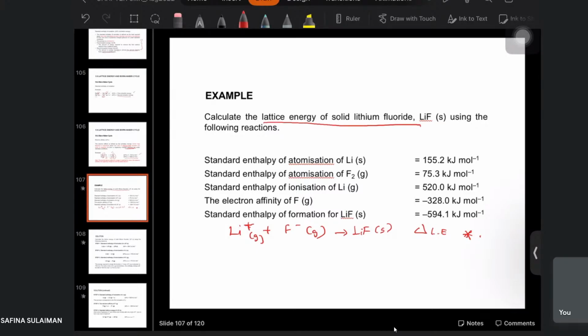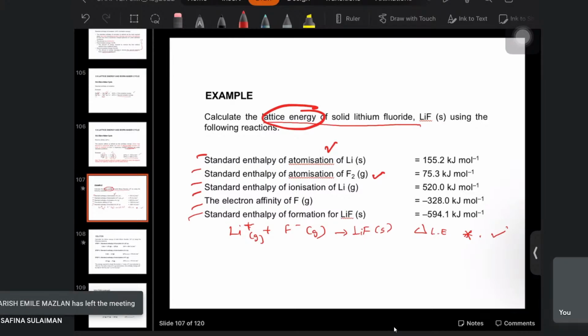Okay, so ini adalah target equation yang you perlukan sebab dalam soalan diminta awak calculate the lattice energy of the solid lithium fluoride. So yang ni adalah yang awak nak. Jadi ini dia bagi awak the values for atomization of Li, atomization of F2, ionization of Li, electron affinity of F, and the standard enthalpy of formation.